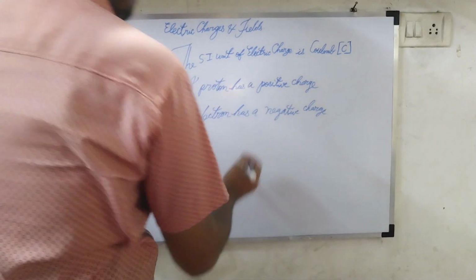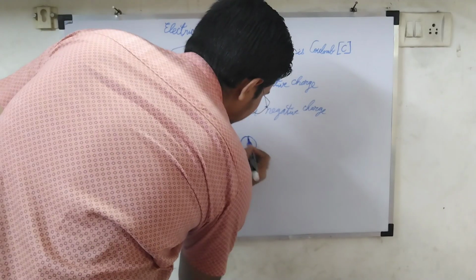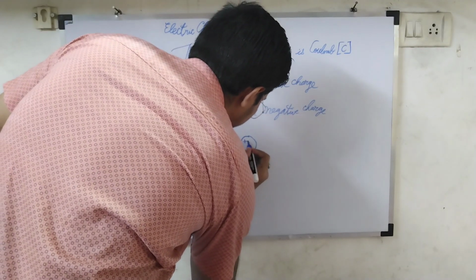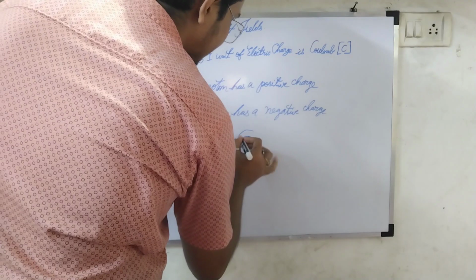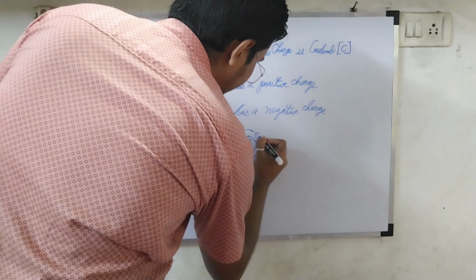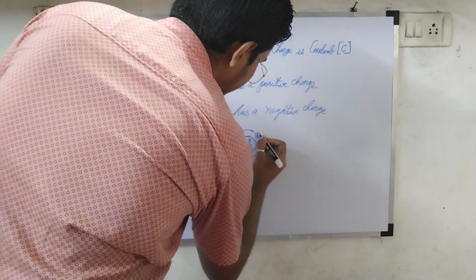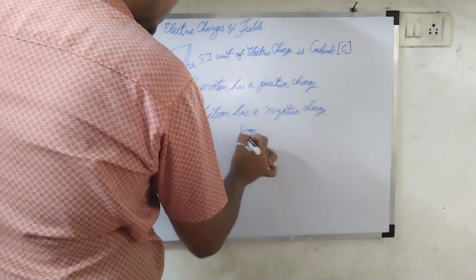How can we say it? Because in the nucleus we can mainly see there are positive protons and neutrons, which are neutral, and then outside the orbit we see that there are electrons which are negative. They revolve around it in a circular path.